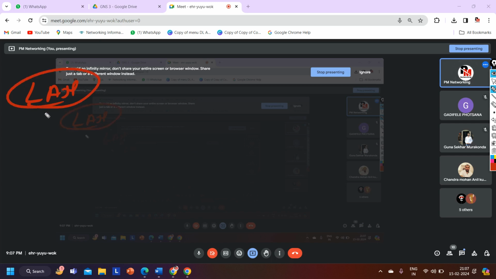So guys, if someone asks you how many users can be there in a LAN, what will be your answer? How many devices can I connect in a local area network? Based on the subnet, if it's a /24, you can have 254 users.